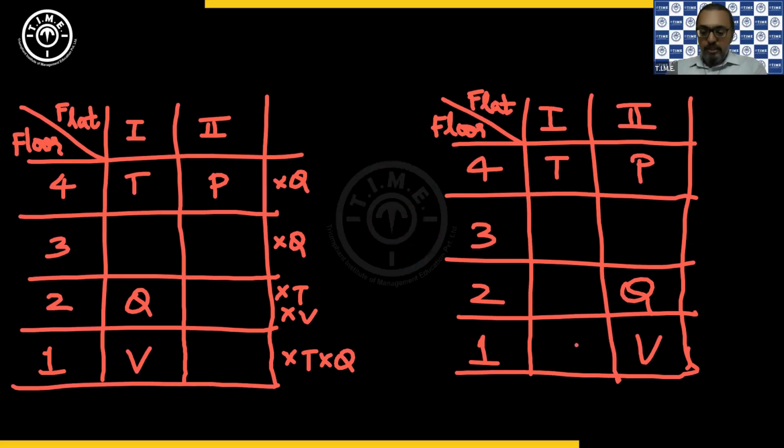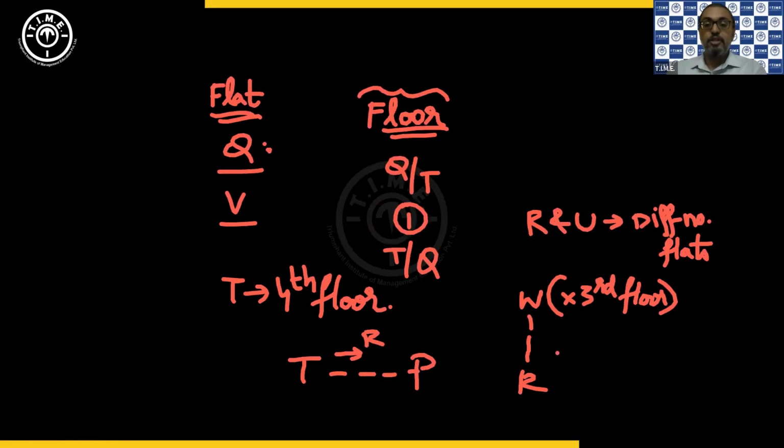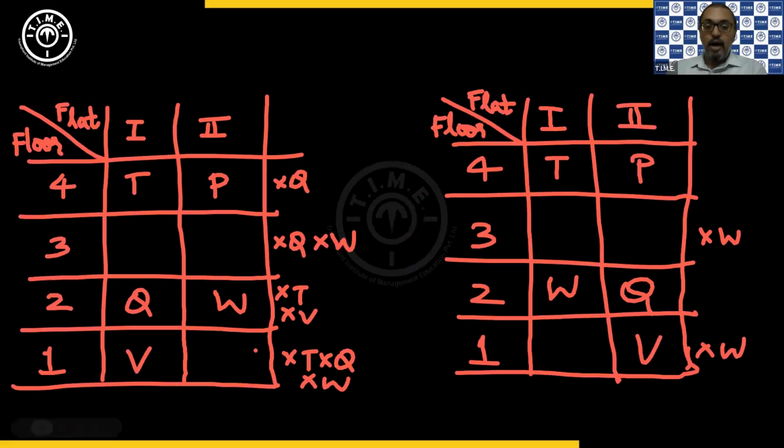So if W has to be given above R, and W cannot be given on the 3rd floor, and the 4th floor is already occupied, W has to be given only on the 2nd floor. Now W cannot occupy the 1st floor also because the condition was W is above R. So R compulsorily occupies the 1st floor, the remaining flat.